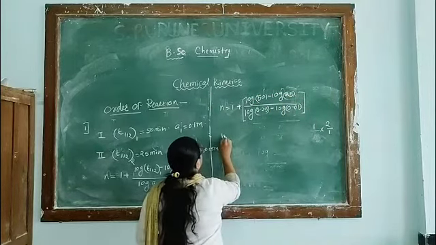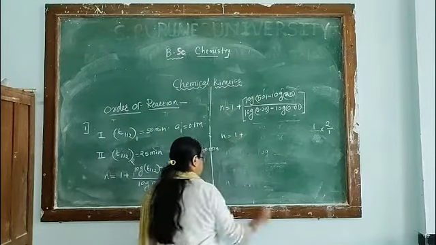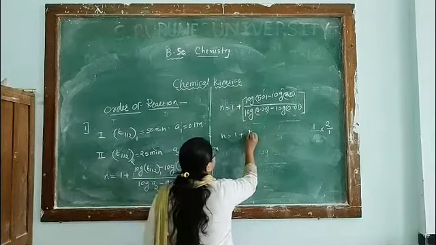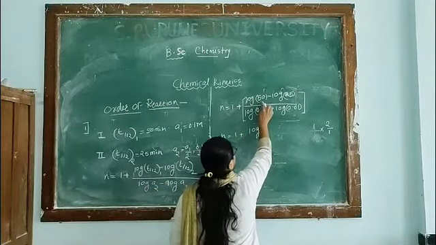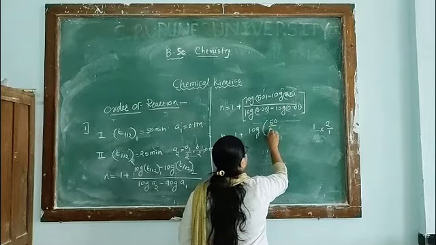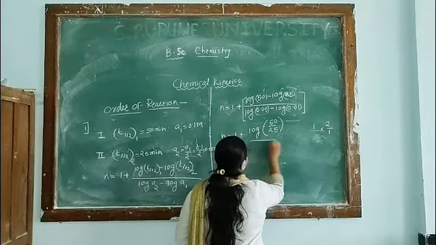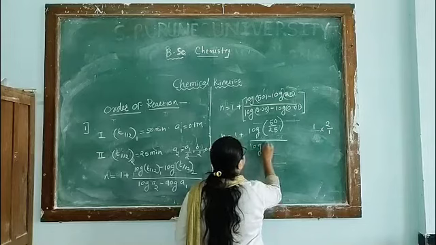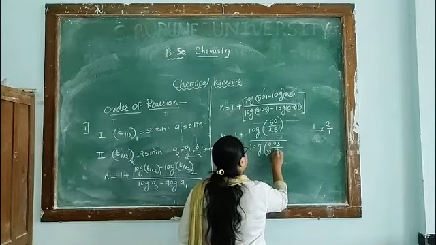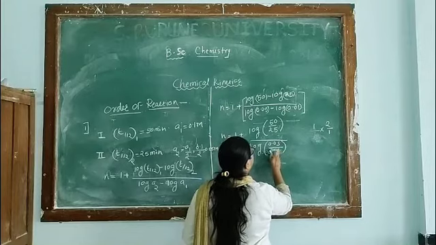So N is equal to 1 plus... Now you can write this as, see, here the subtraction between the logarithms is there, so you can write them as a quotient also, like this, divided by log of 0.05, like the way in the first problem we had written.